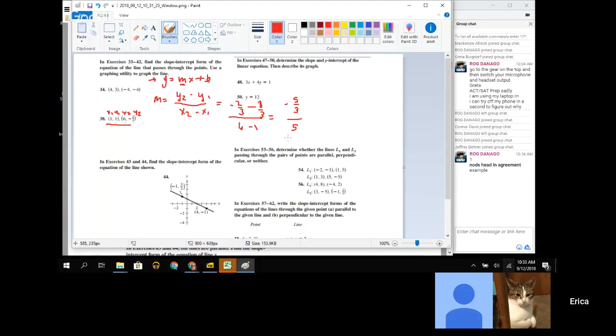So how do you deal with a fraction that turns out like this? A fraction with a fraction. This isn't proper math. Everybody's like, ugh. Remember, another way that you can think about this is you can take the numerator and you can write it as negative 5/3, and the denominator is 5 over 1.